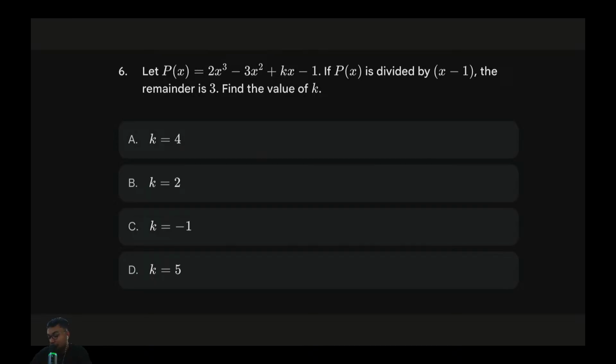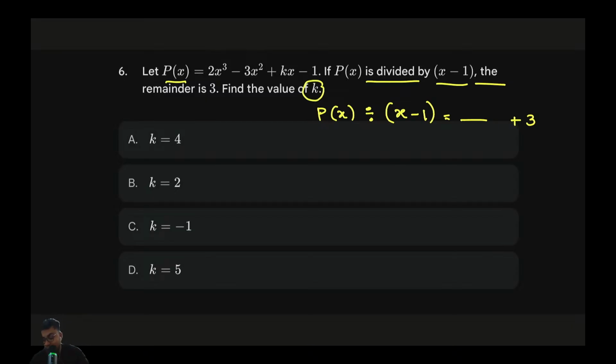They say that P of x is divided by x minus 1, right? The remainder is 3, which means it equals something plus 3. Find the value of k.